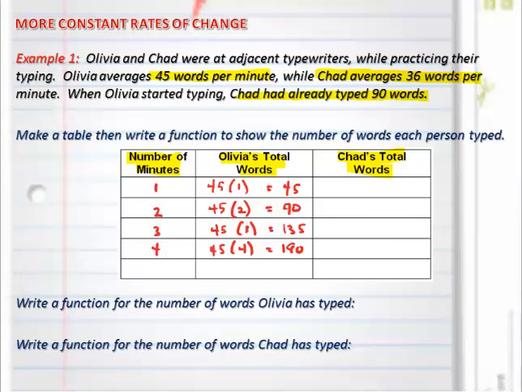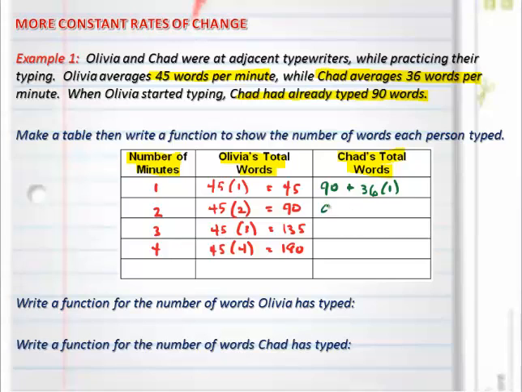Now I'm going to use a different color and we'll look at Chad's. After 1 minute, here's the deal. After 1 minute, Chad had already typed 90 words, okay, after Olivia started. So he'd already typed 90 words, and then he had typed another 36 words during that first minute. Okay, so 36 times 1.